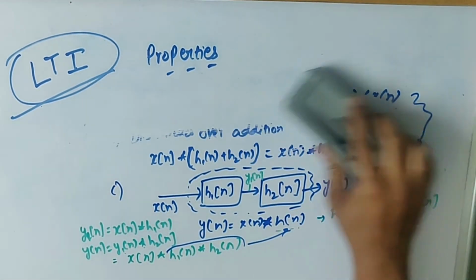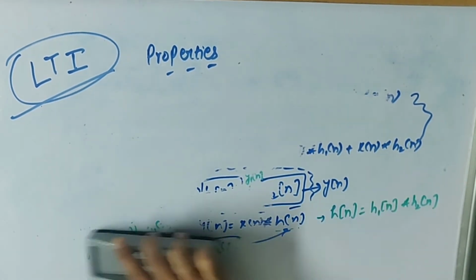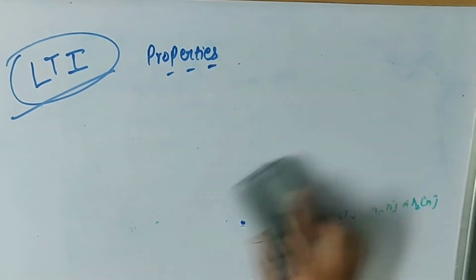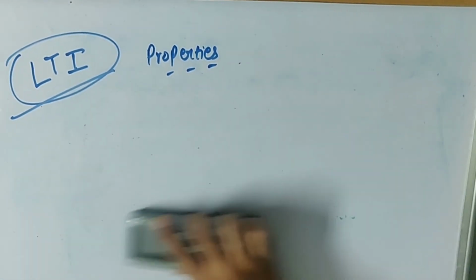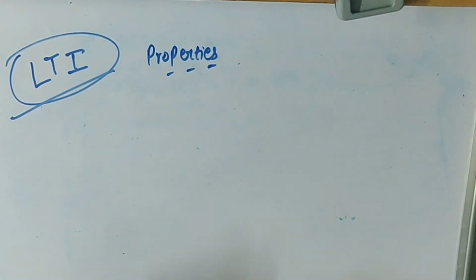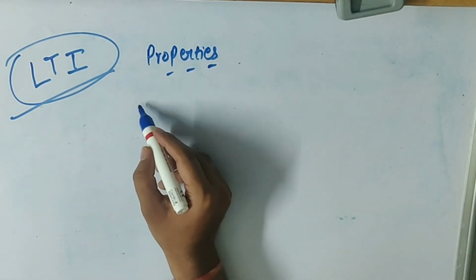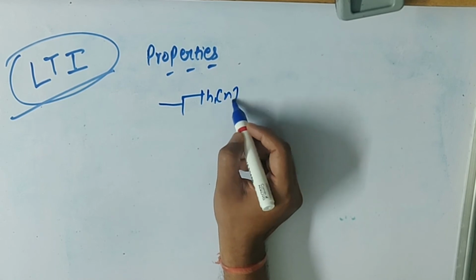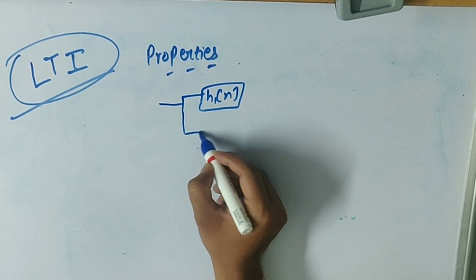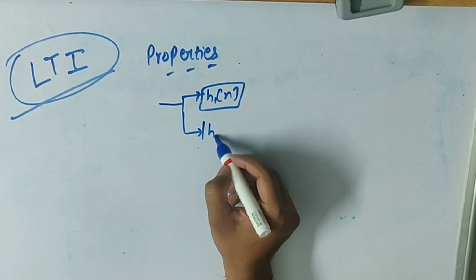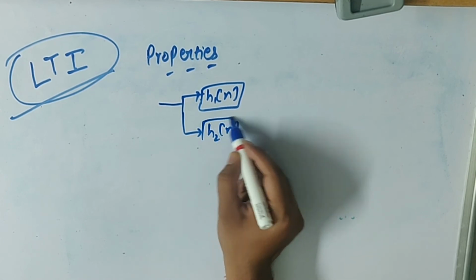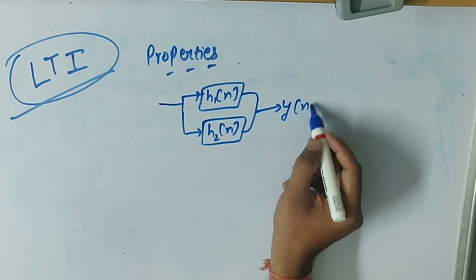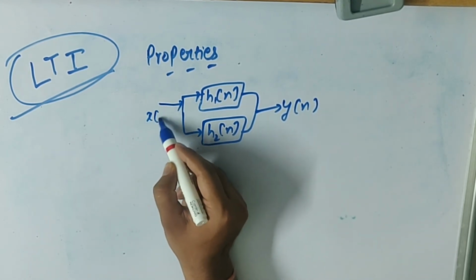Proceeding further, what if two systems are connected in parallel? If two systems are connected in parallel like this, h1[n], h2[n], this is the output y[n] and this is the input x[n].